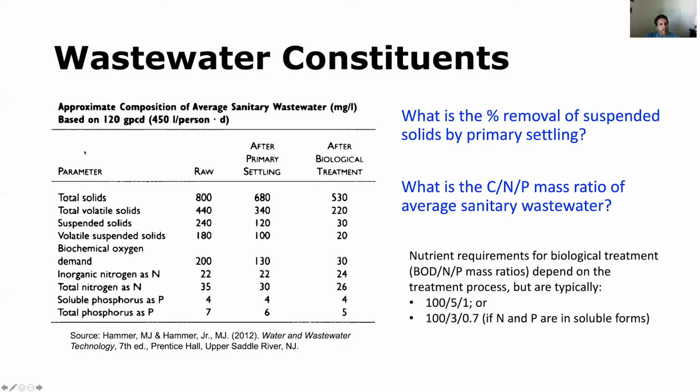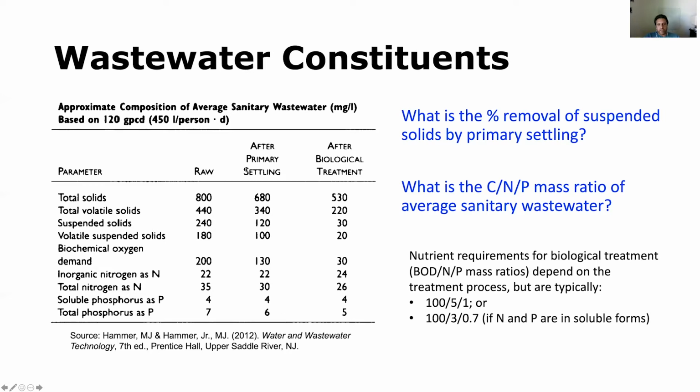So this table right here just shows for raw wastewater the approximate composition in terms of total solids concentration, total volatile solids, suspended solids, volatile suspended solids, BOD, and then nutrient concentrations in raw wastewater. This is based on a flow rate of approximately 120 gallons per person per day.